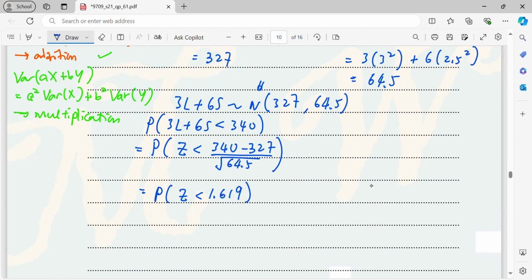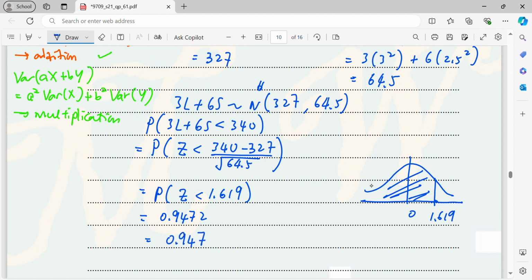When you refer to the graph, it is basically the region available in the table, so you can directly read the region from the table. You will be getting 0.9472. And now you round to 3 significant figures. That is going to be 0.947. Alright, so done for this solution.